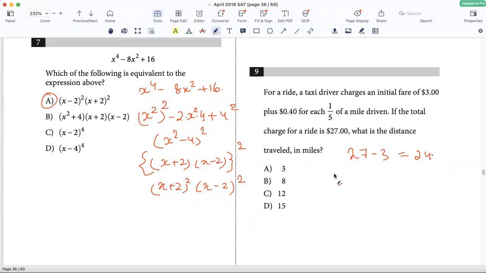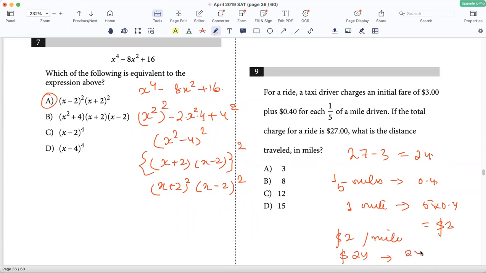Now for 1/5 of a mile, the person pays $0.4. So for 1 mile, the person pays 5 times 0.4, which is $2. So $2 per mile. So $24 would be 24 by 2, which is 12 miles. So it's C.